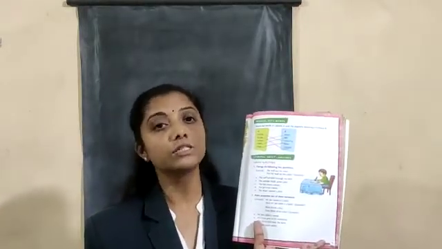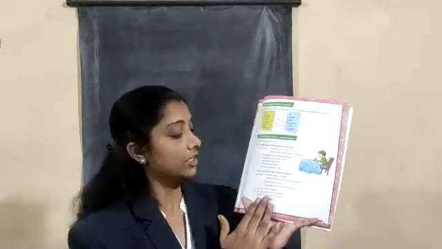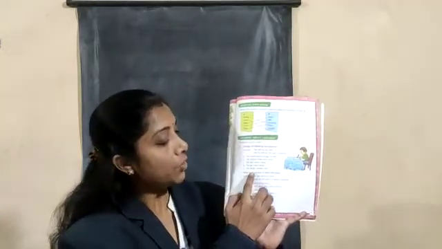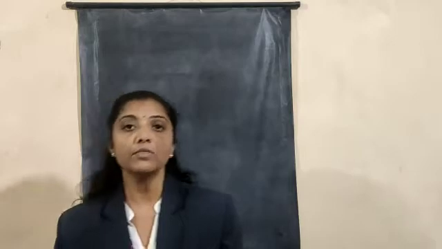We are going to skip that for first standard. The second question says, make questions out of these sentences, that is, frame questions using does. Today we are going to learn how to frame the questions using does.